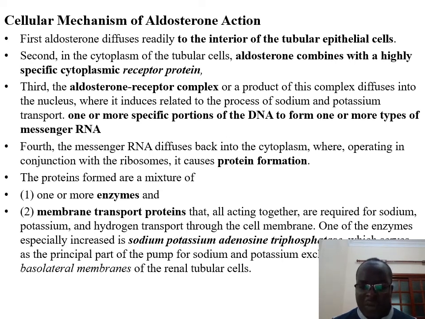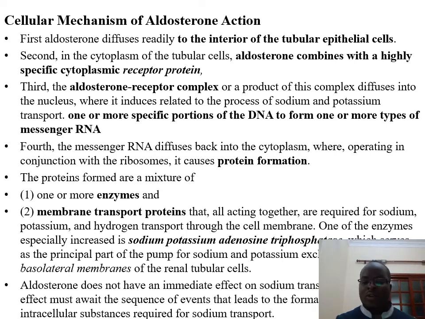One of the enzymes especially increased is sodium potassium adenosine triphosphatase. So this is the enzyme that is involved in breaking down of ATP to transport sodium and potassium against the concentration gradient, which serves as the principal part of the pump for sodium and potassium exchange at the basolateral membrane of the renal tubular cells in the kidneys.